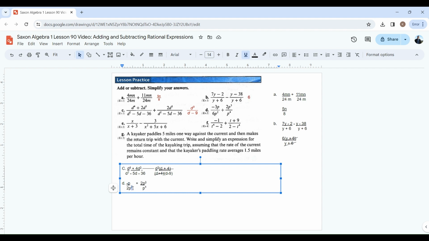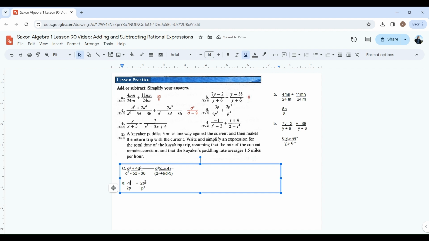I'm going to get rid of this squared because I have basically p times p on the bottom and p on top. One of these p's on the bottom is going to cancel out my p on the top. Now, I have nothing left on top of this fraction. There has to be something on top of the fraction, so the implied value that goes on top is 1. This is negative 1 over 2p.